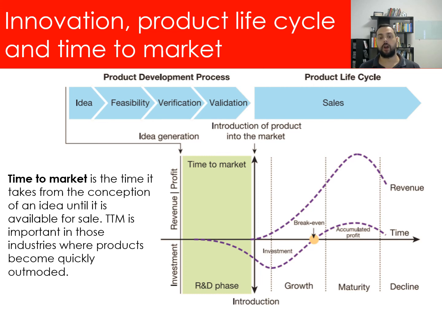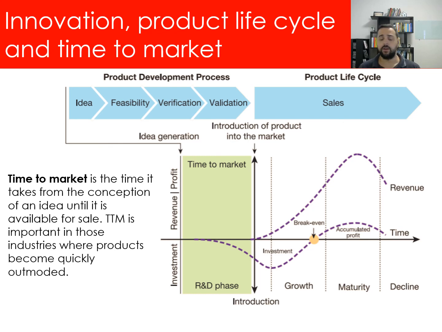Then you're going to develop the product, develop the technology. And during this phase, over time you need to invest a lot of money on research and development. And until you start launching your product, when you introduce the product in the market, you're just investing, so you need to invest a lot of money.